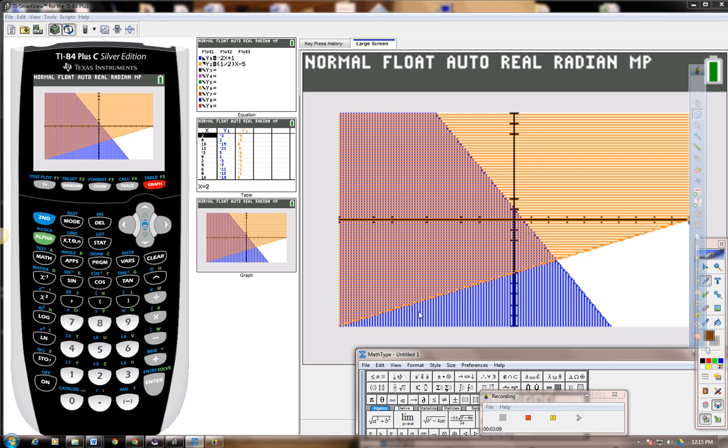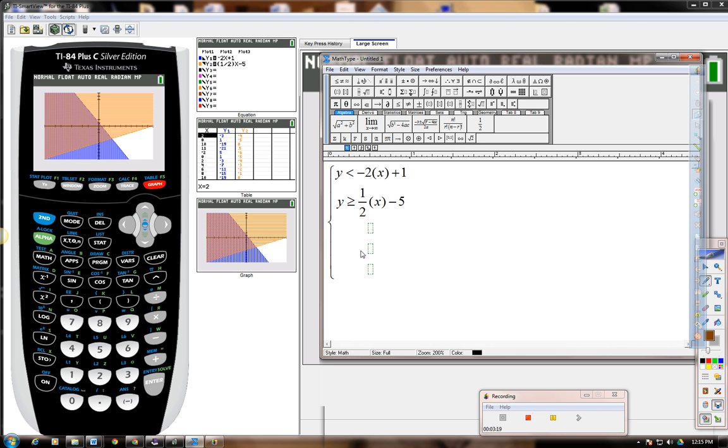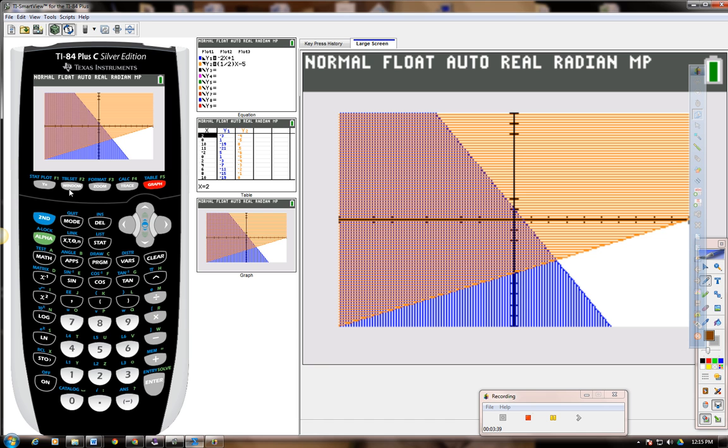Now, what if I had that x was greater than or equal to 0? You can't graph x is greater than or equal to 0 on that calculator. So what do I have to do to account for that? I can change my window.